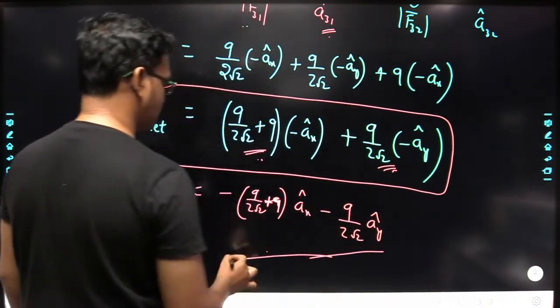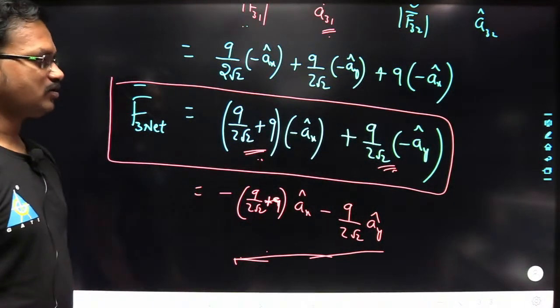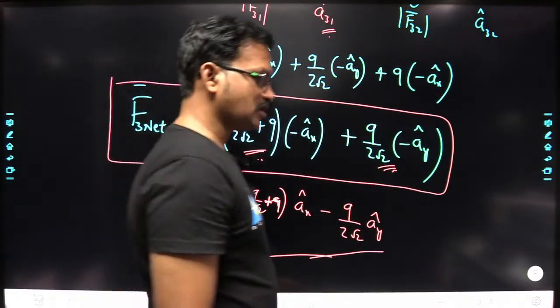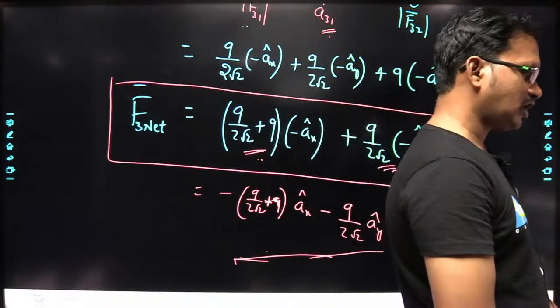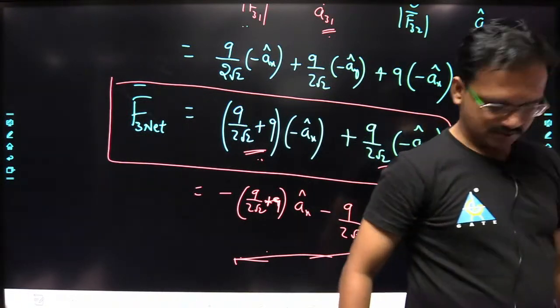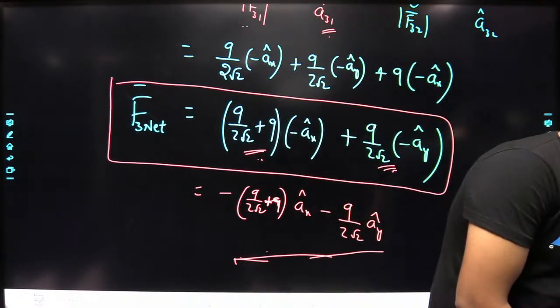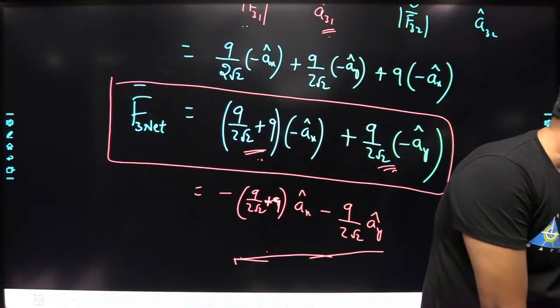Both are correct. So in any manner you can write the answer. So this is how you have to determine the net force on one charge due to other charges, right? Okay. So I hope it is clear here, I hope it is crystal clear, right?